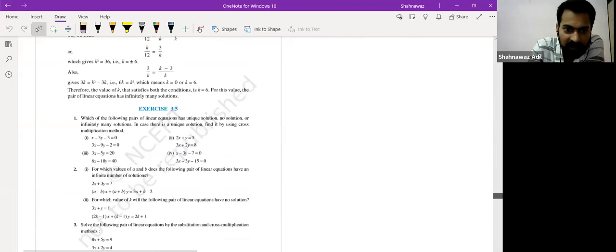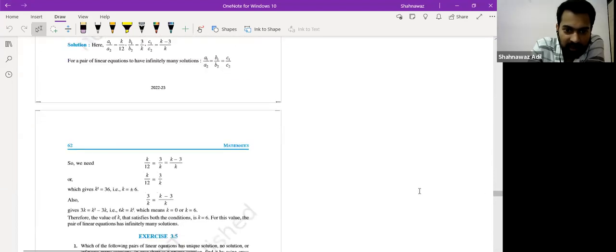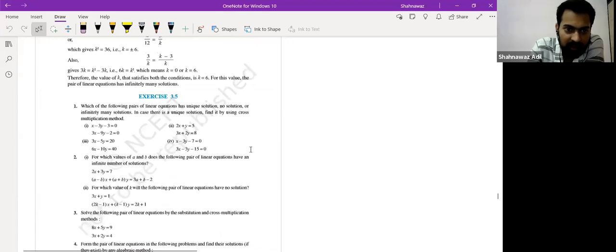So we are on this chapter, right? Which of the following pairs of linear equations has a unique solution, no solution, or infinitely many solutions? If unique solution, find it by cross multiplication, right?